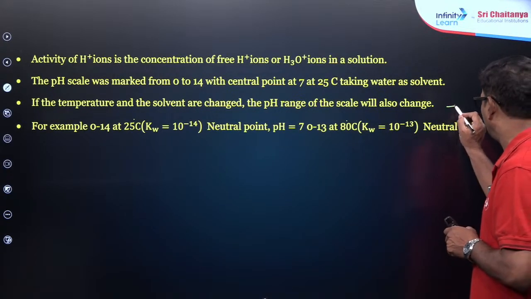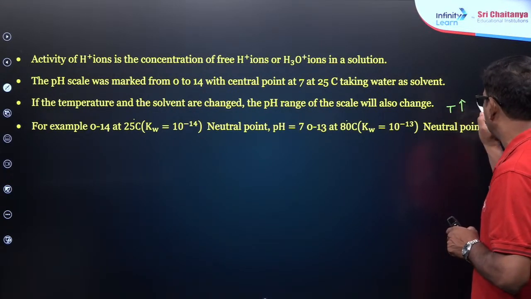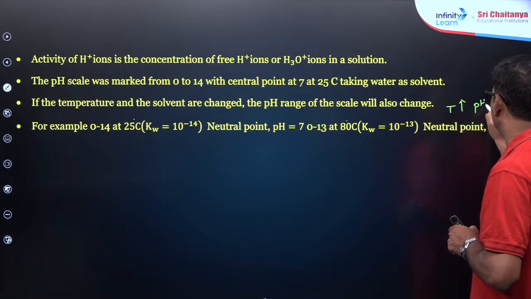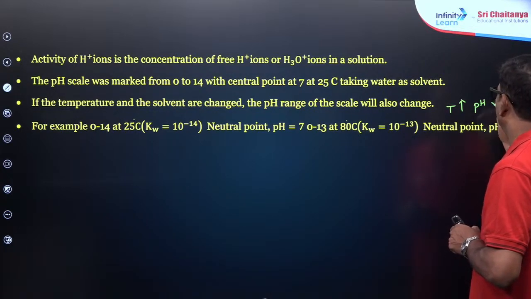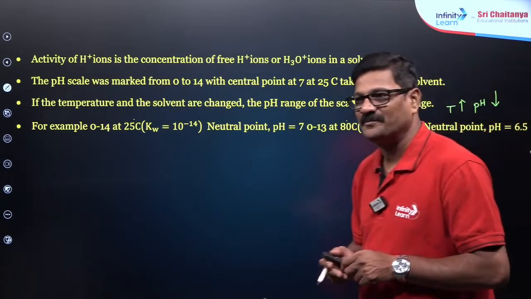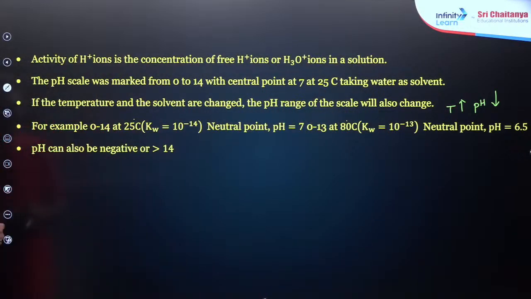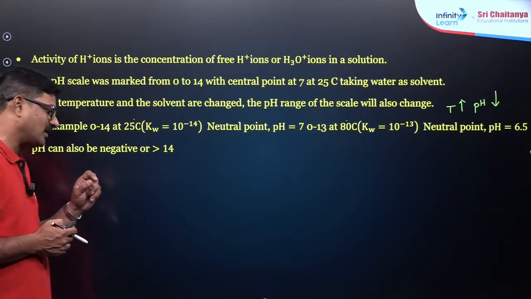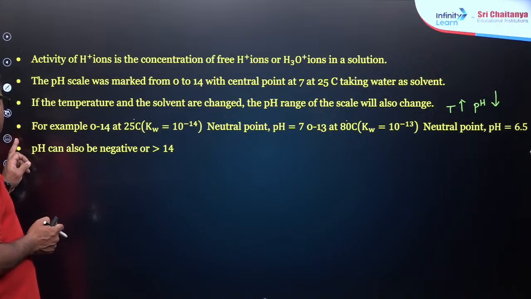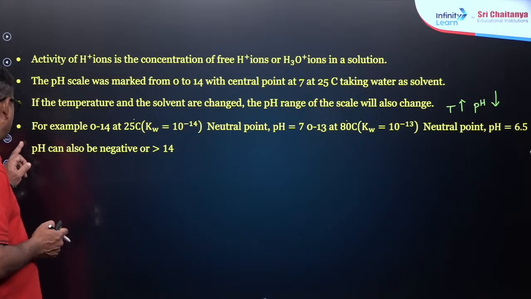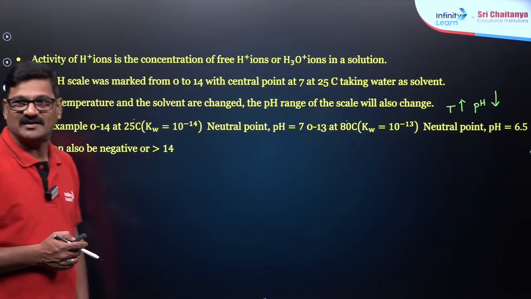So as temperature increases, pH decreases. Clear? It is very important. Now the pH can be negative or greater than 14, but the scale cannot explain why, so it cannot be explained.